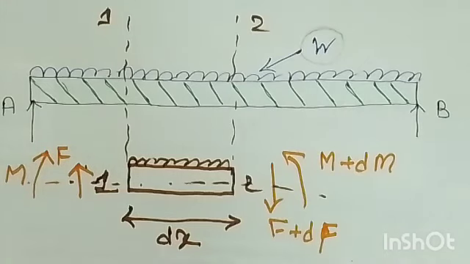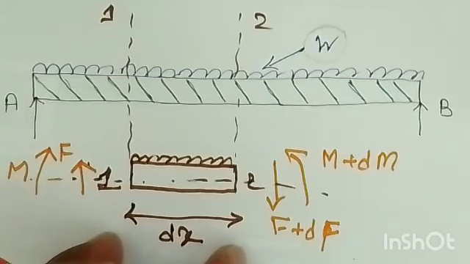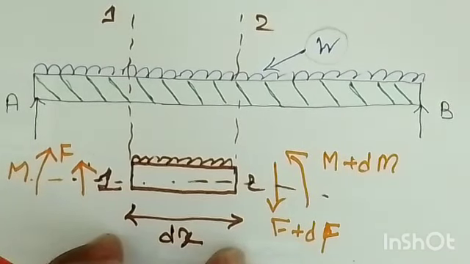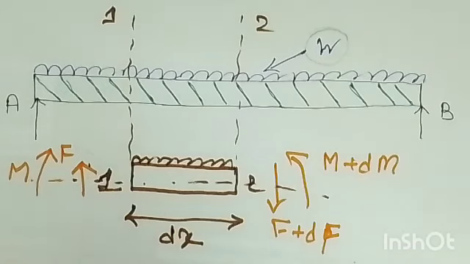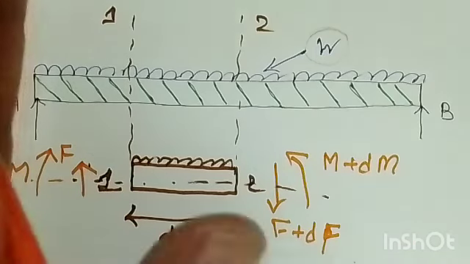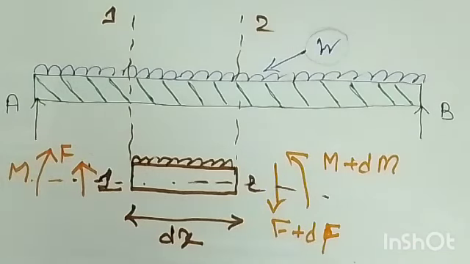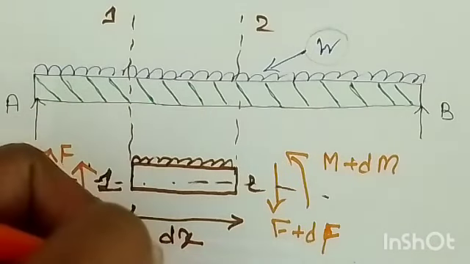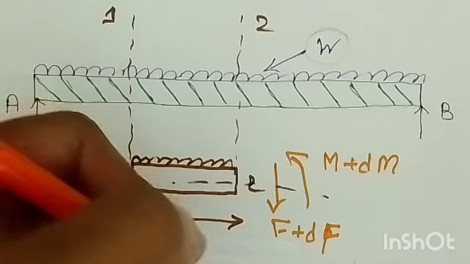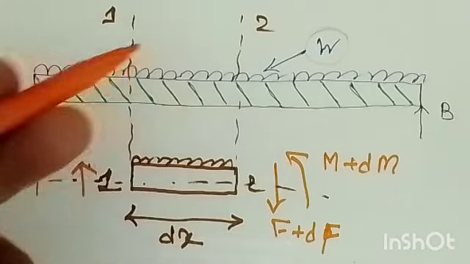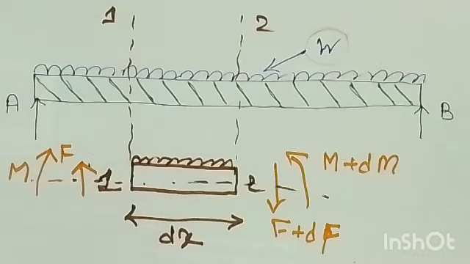From that beam we have chosen one small section of length dx. At section 1 the shear force is F, acting vertically up, and the bending moment M is acting clockwise. Similarly at section 2 the shear force is F plus dF, acting vertically downward, and the bending moment M plus dM is acting anti-clockwise.